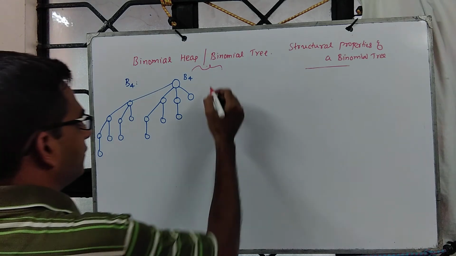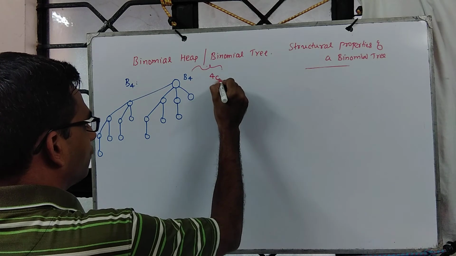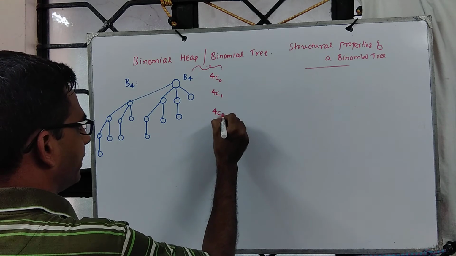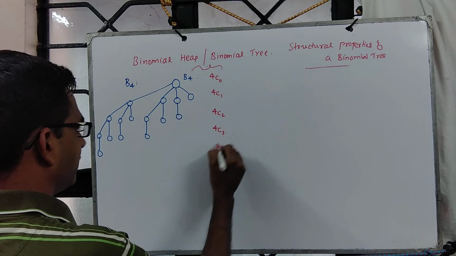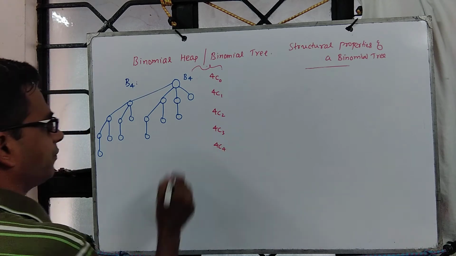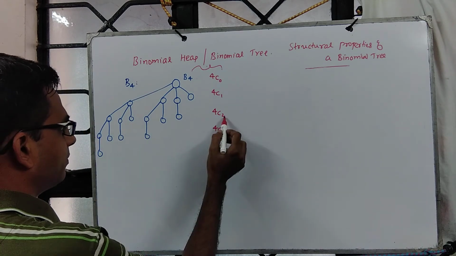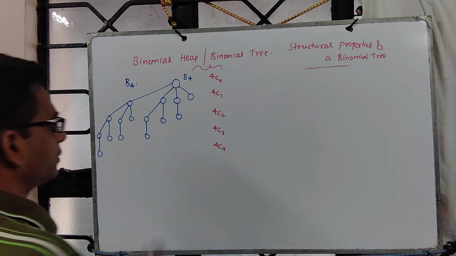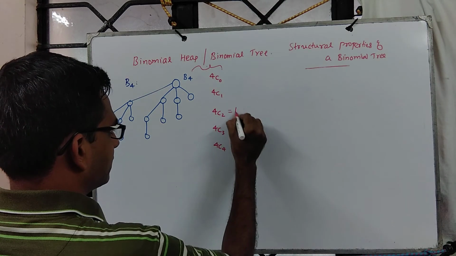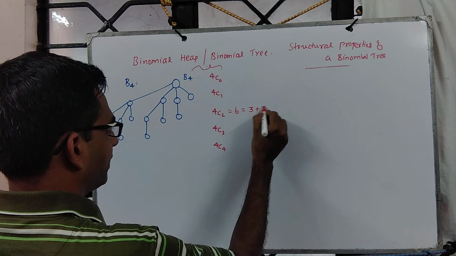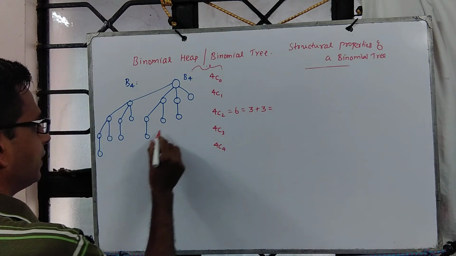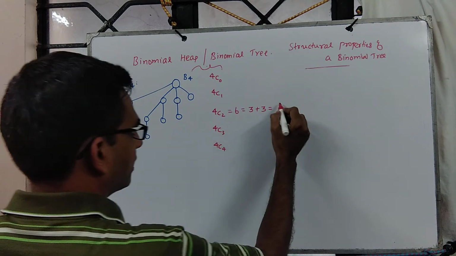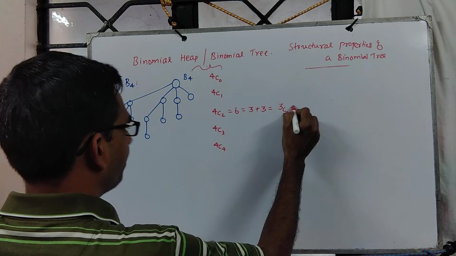The property that we just now observed says there are 4C0 nodes, 4C1 nodes, 4C2 and 4C3, 4C4. So the number of nodes at level 2 is this number, which is 6. Number of nodes at level 3 is this number, and so on. So this number is 6. This you can see as 3 plus 3. In turn, with respect to this B3, this is 3 choose 2.